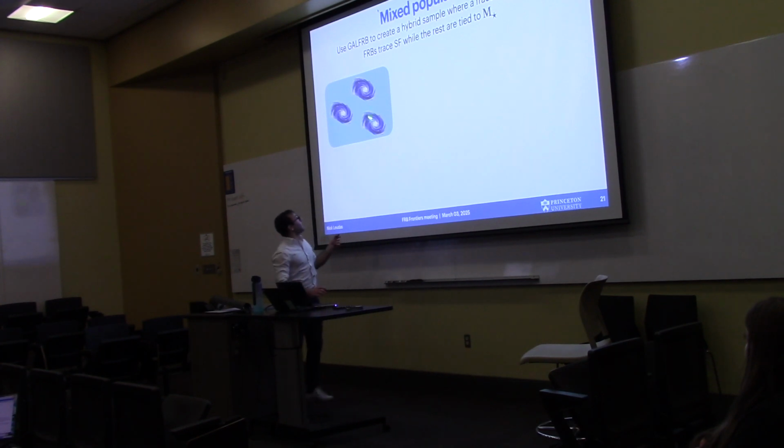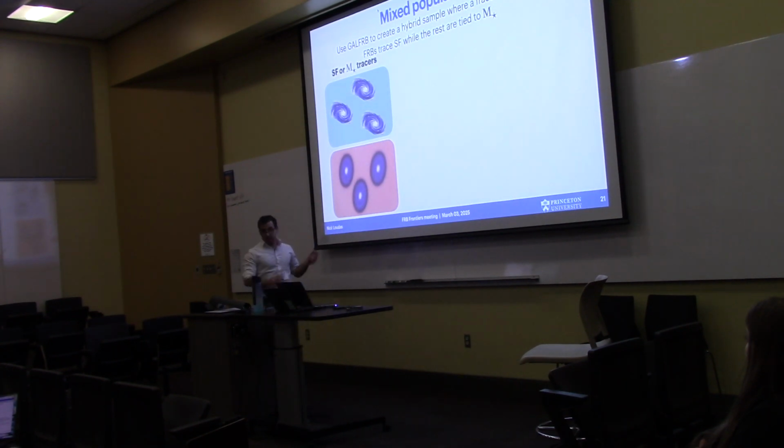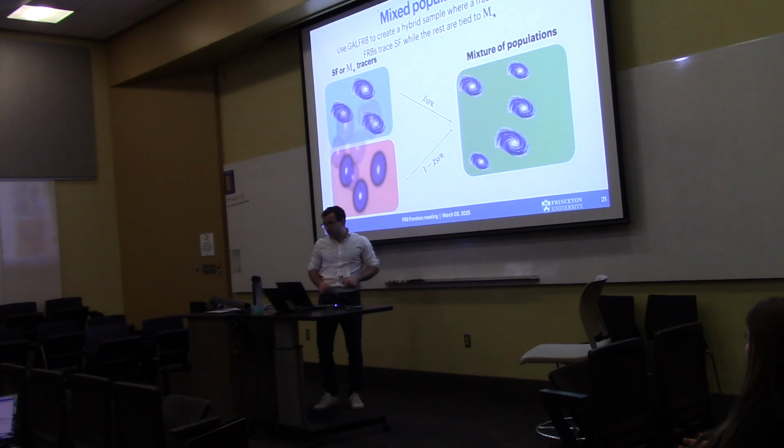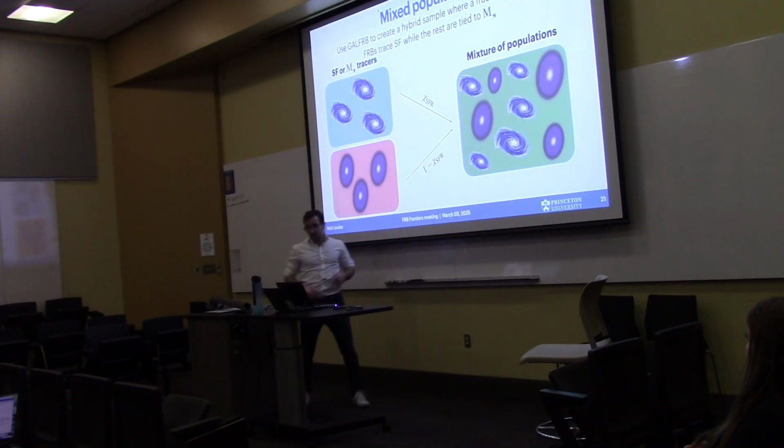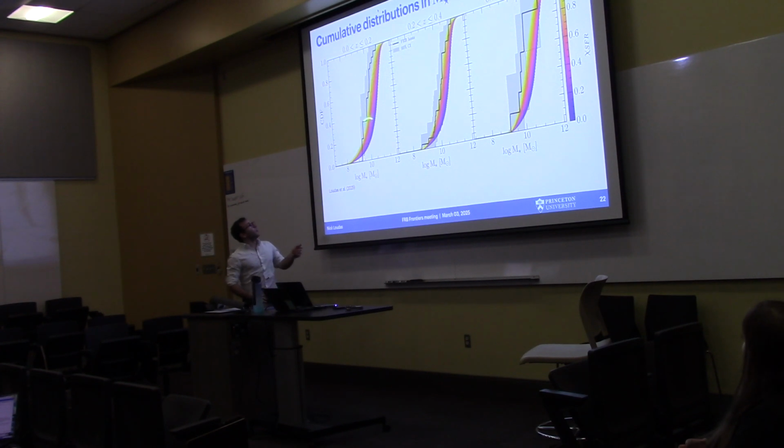So I have my SFR selected galaxies, most of them are going to be star forming, spiral galaxies. I have my elliptical, quiescent galaxies, these are mass tracers, and I combine them. So I create a mixed population. And I again plot the predictions in the same figure that I showed you earlier.